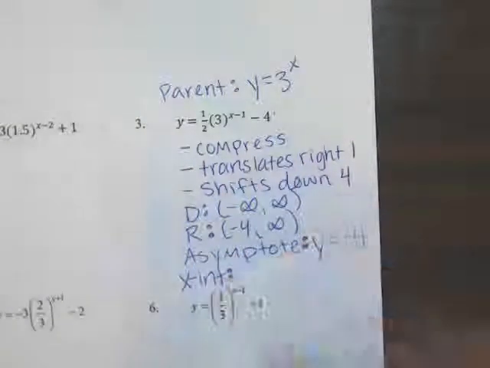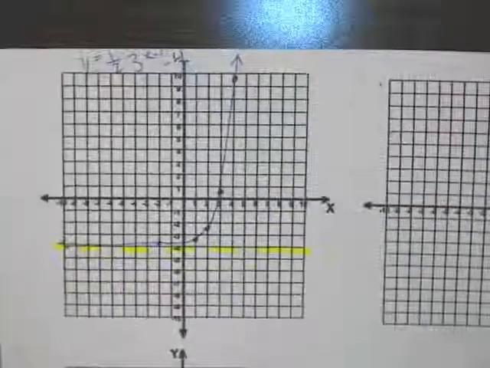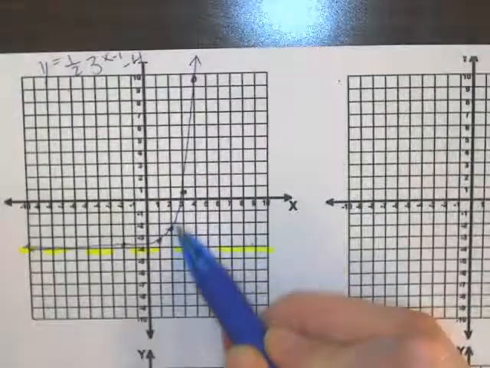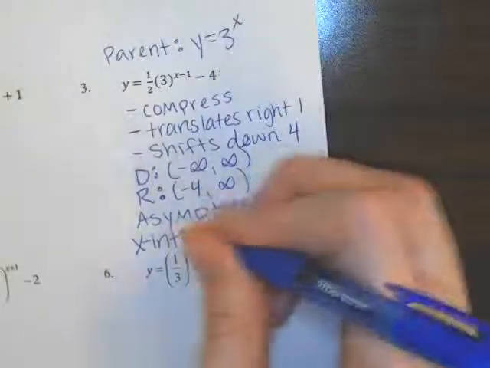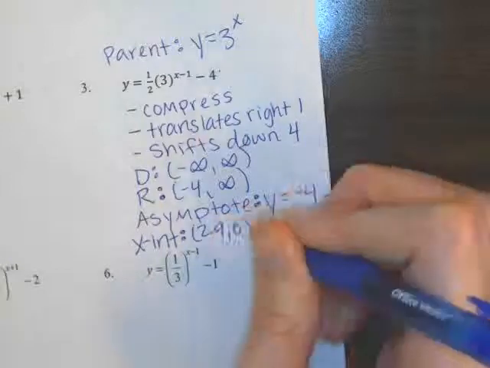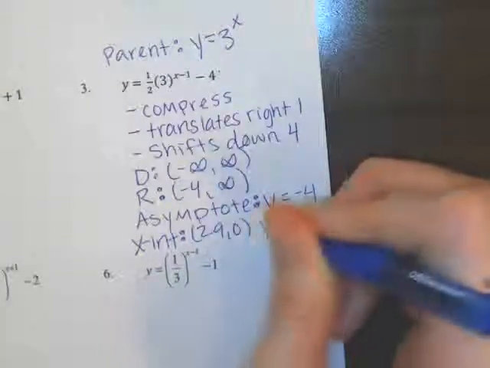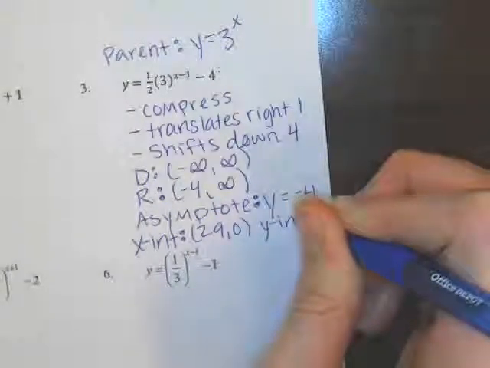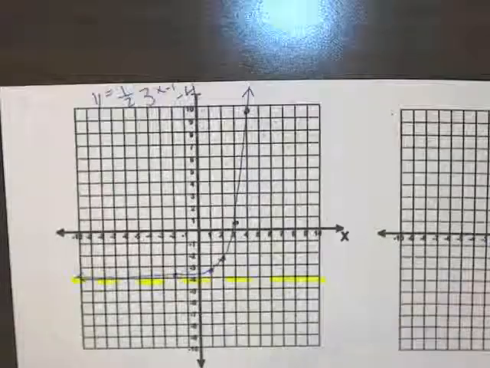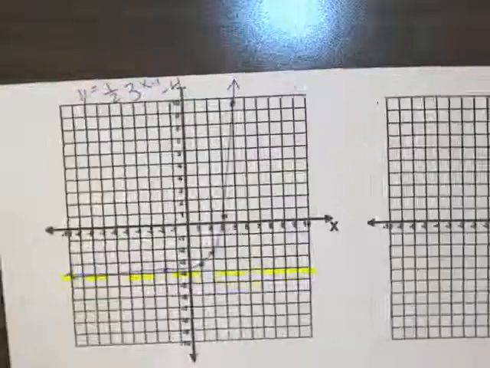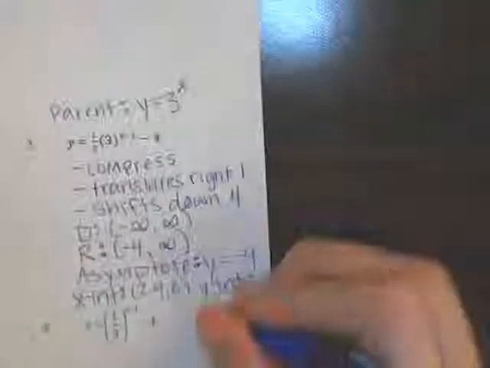You sure? It never crossed it? It did cross it. So let's estimate what that is. 2.9, something like that. And then y-intercept? -3.7. Okay, so 0, -3.7.